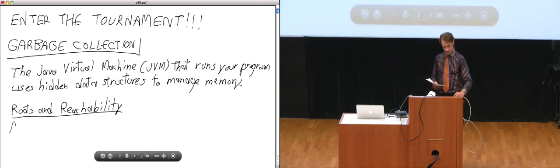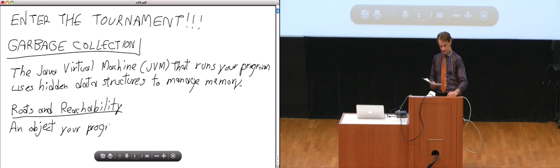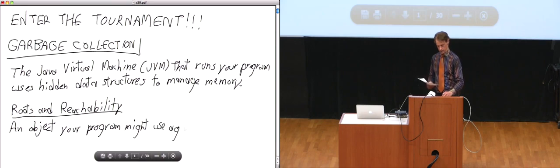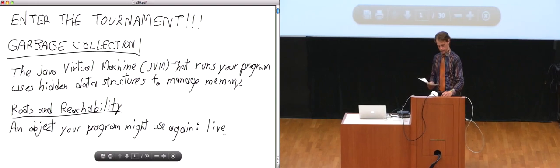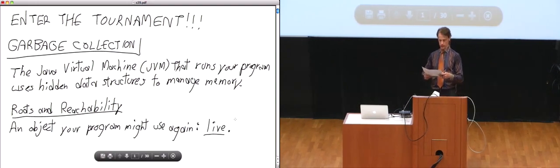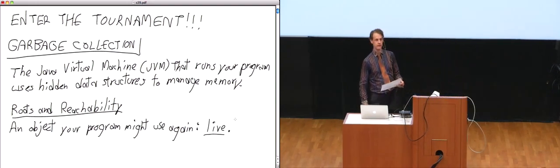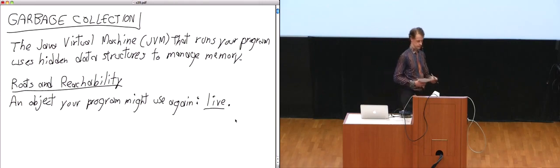Now, if an object is somehow accessible so that your program might possibly be able to use it again, those objects are said to be live. And the opposite of live is garbage.